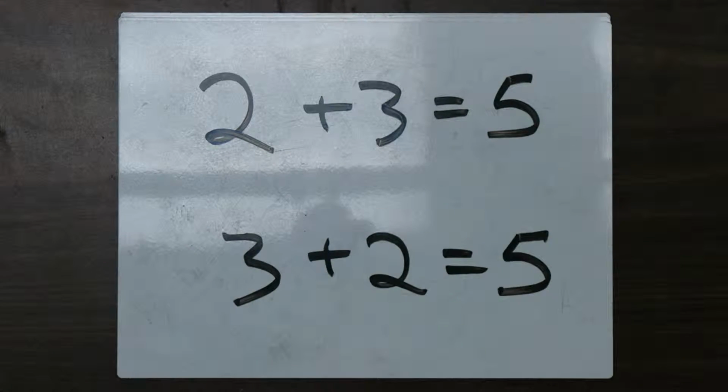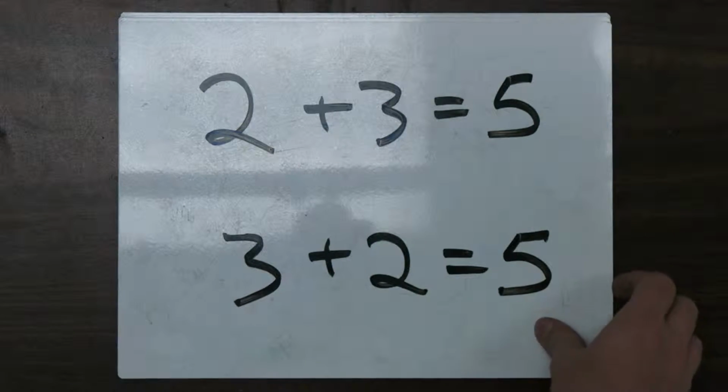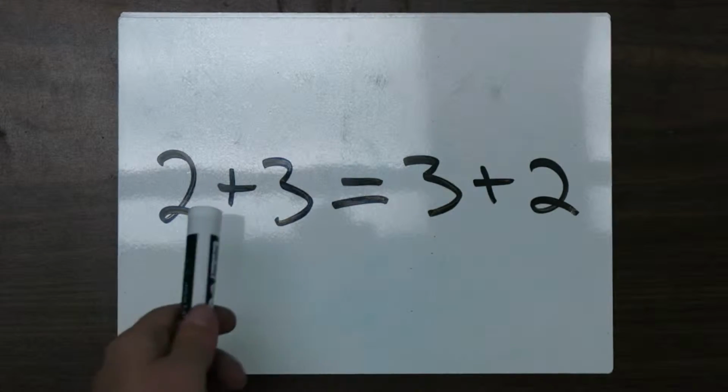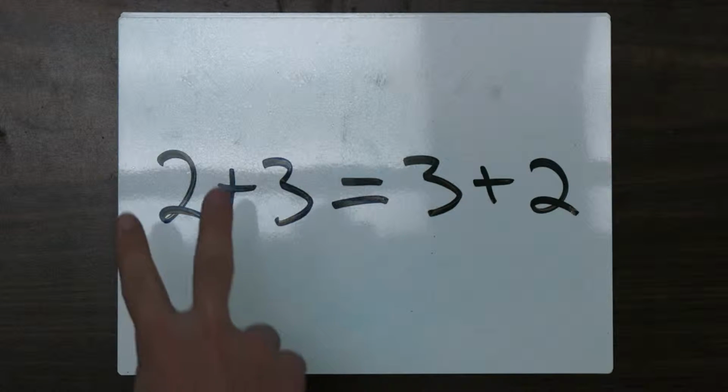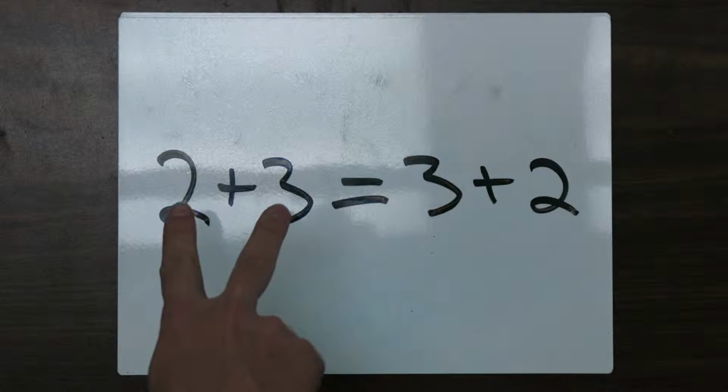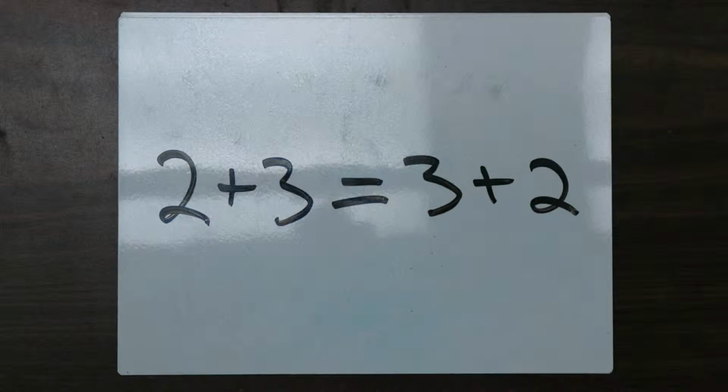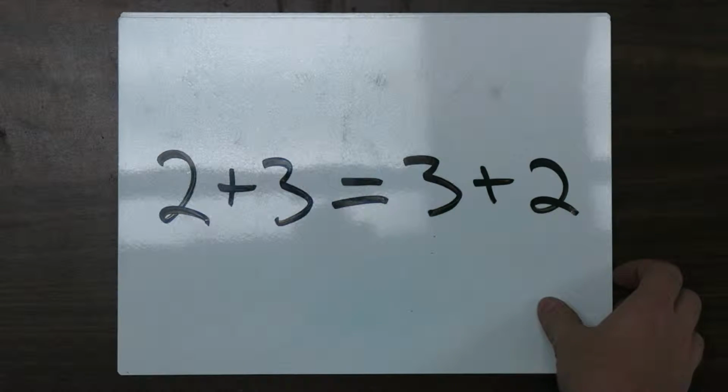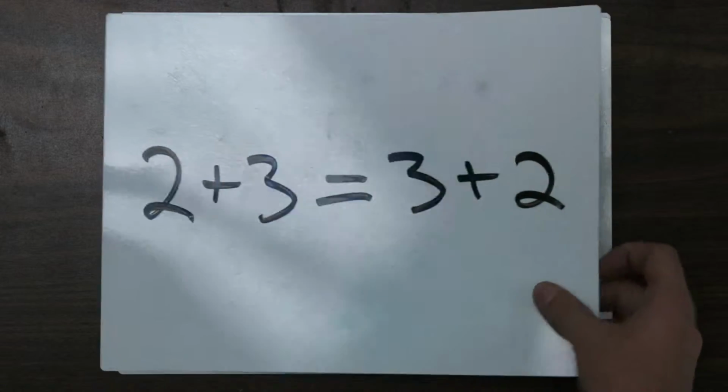So if 2 plus 3 equals 5 and 3 plus 2 equals 5, then I could also say that 2 plus 3 equals 3 plus 2. All I've done is I've taken the first set of numbers that are being added and flipped them around. Now we can use variables to help us represent the commutative property of addition.